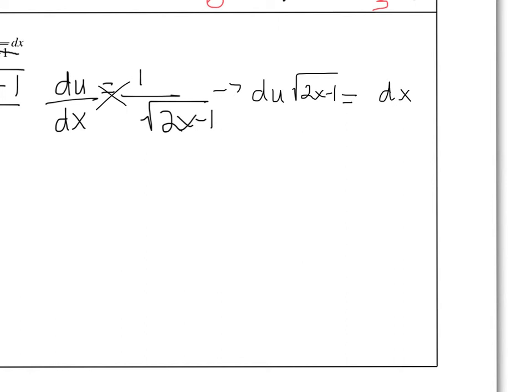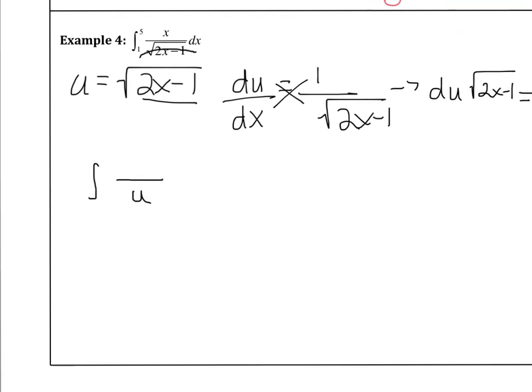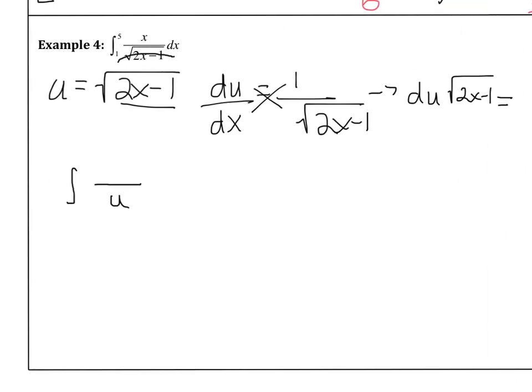We don't love it right now, but that's okay because we will fix it. So we'll go ahead and write it in. dx is exactly equal to du times root 2x minus 1, taken care of. Now we just got to get the x in there somehow, and that will come from manipulating this guy right here.